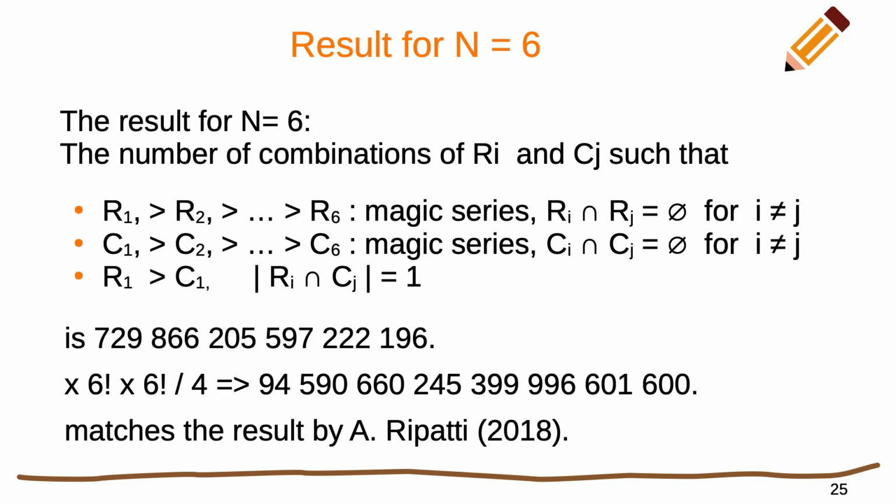Using an optimized code implementing this algorithm, I computed the number of combinations for n equals 6 and obtained this result. By multiplying this count by the symmetry factor just described, I obtained this final result, which exactly matched the value obtained by Erratum using a completely different method in 2018.